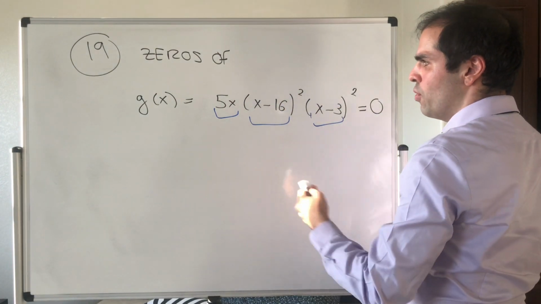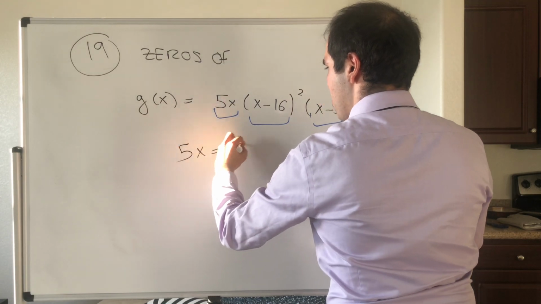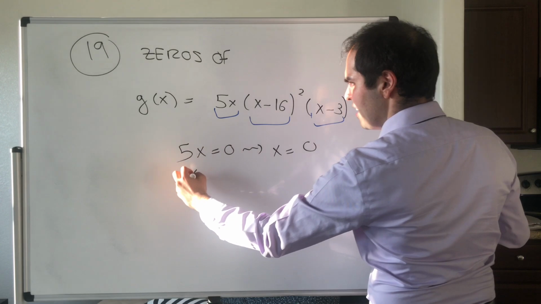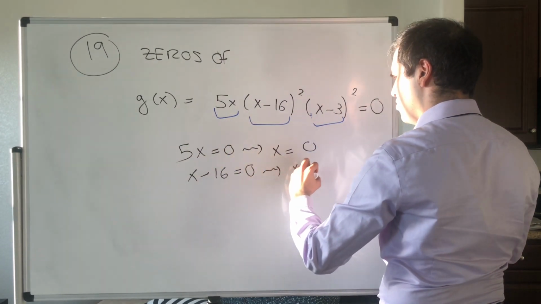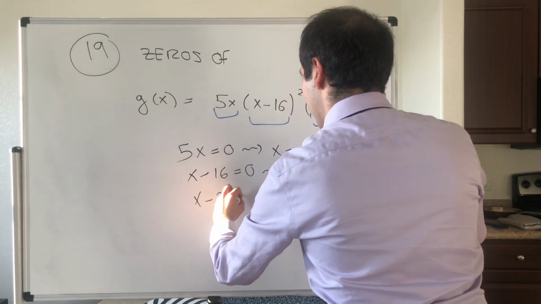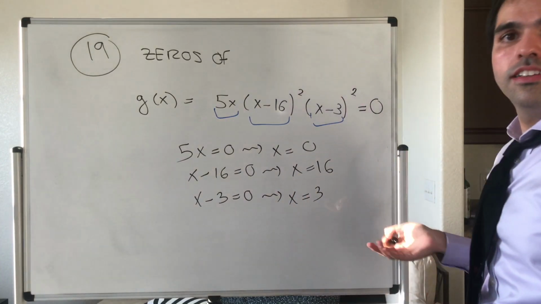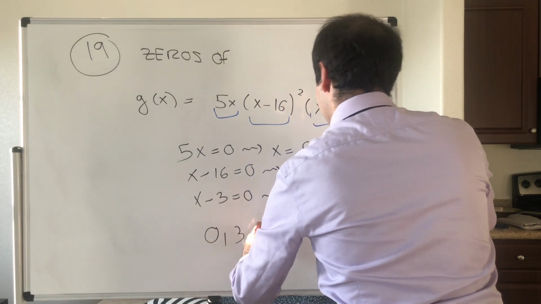So essentially what we get, it's either 5x equals 0, which gives you x equals 0, or x minus 16 equals 0, which gives you x equals 16, or x minus 3 is 0, which gives you x equals 3. So in this case, there are 3 zeros. It's either 0, 3, or 16.